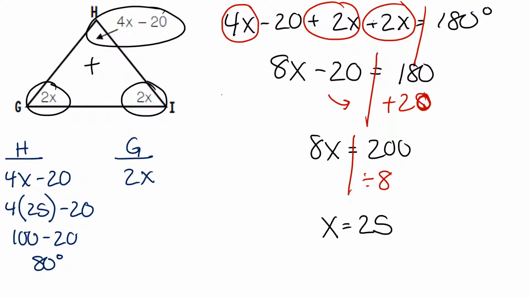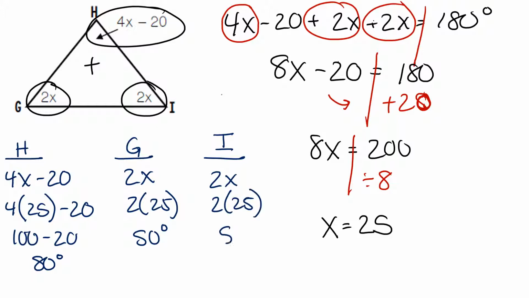For letter G, we have the equation 2x, so 2 times 25, which is going to give us 50. And for letter I, we have the equation 2x, so 2 times 25, which is also going to give us 50.